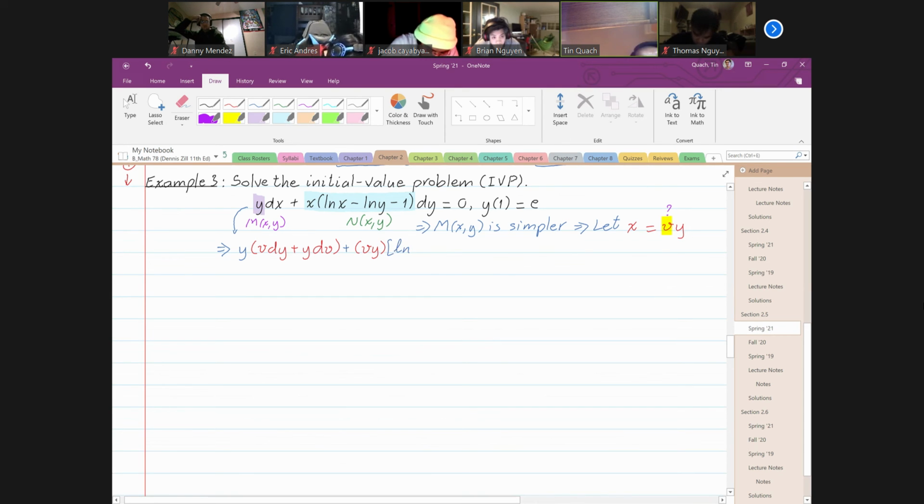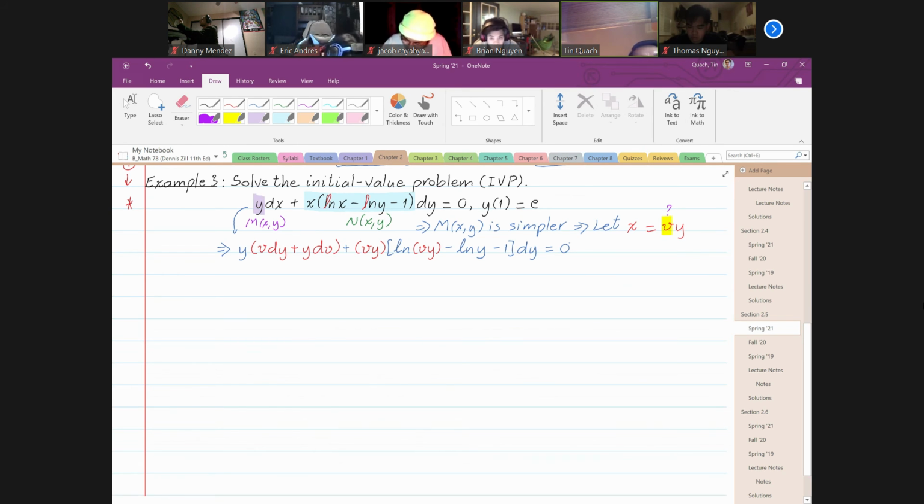I don't like to write the L, let's change it right here because sometimes we use absolute value and we don't want to mix up with the absolute value. Okay, so ln of x, which is vy, minus ln of y minus 1 dy equals 0. Okay, so that is the substitution that we made.